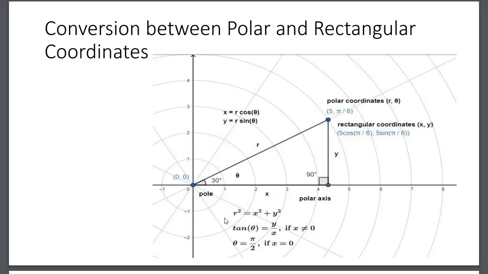So these show the relationships that you can convert between polar and rectangular coordinates. For our particular example here, 5 is r, pi over 6 is theta. So the x here is 5 cosine pi over 6, and the y is 5 sine pi over 6. And you get the same point if you're in a rectangular grid system.